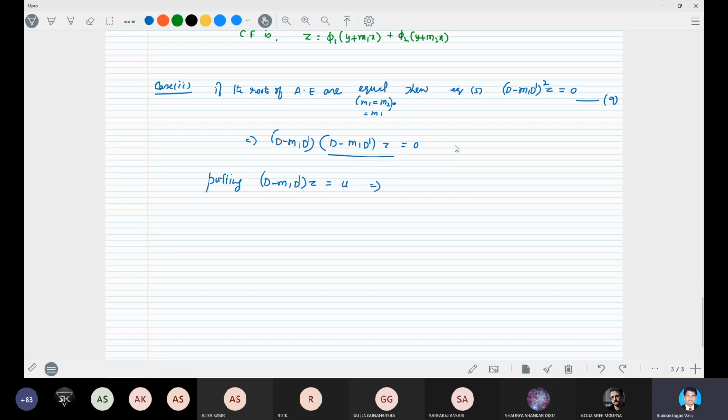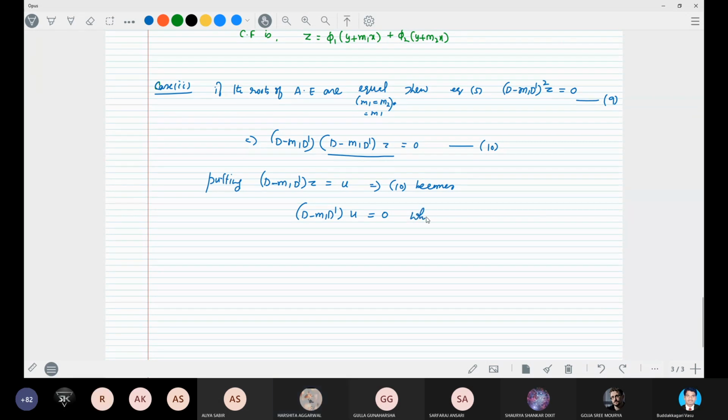That implies this equation, equation 10, becomes (D minus m1 D dash) into u is equal to 0, right?